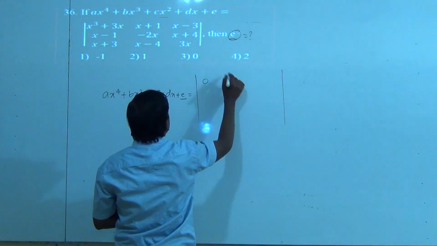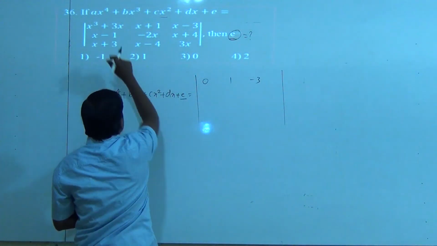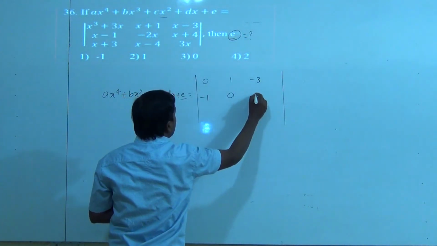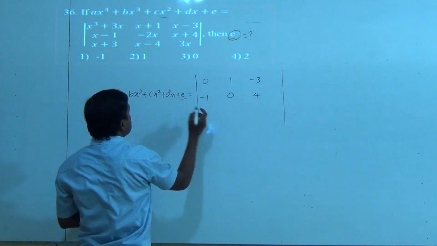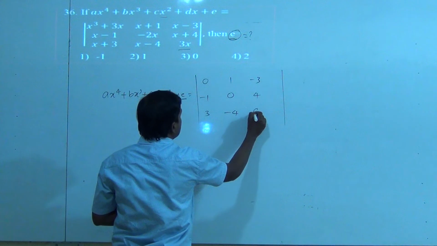Here it is 1, here it is minus 3. What about this minus 1, and here it is 0, and what about this 4, because we are replacing x by 0. What about this 3, what about this minus 4, what about this 0.